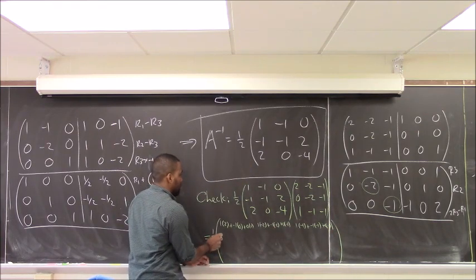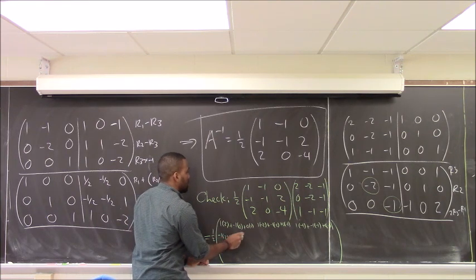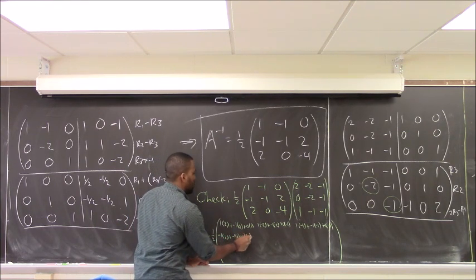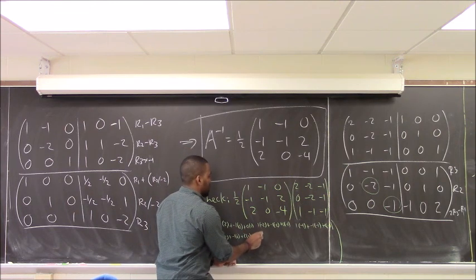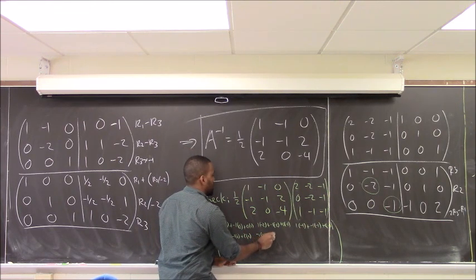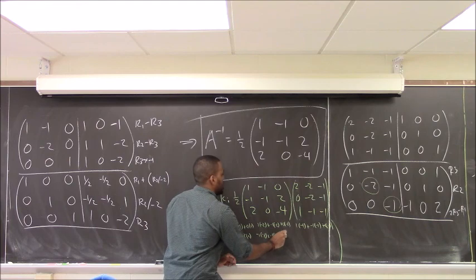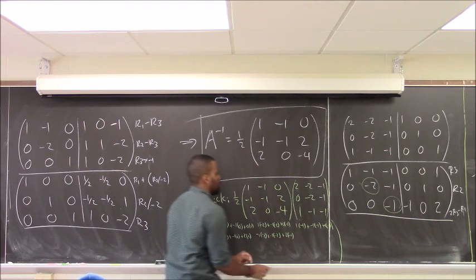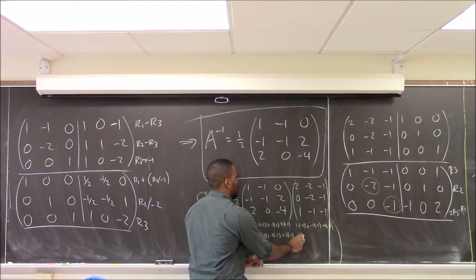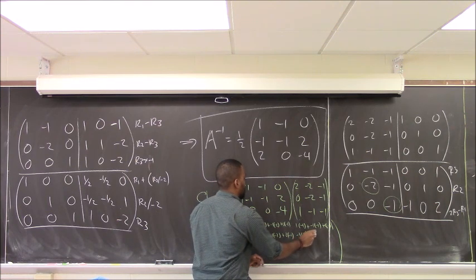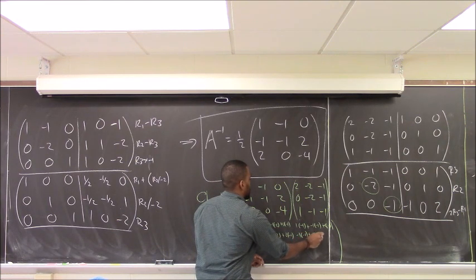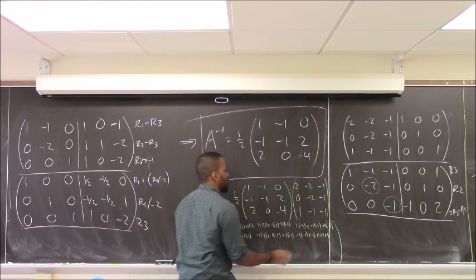Next row, minus 1 times 2 plus minus 1 times 0 plus 2 times 1, minus 1 times minus 2 plus minus 1 times minus 2 plus 2 times minus 1, minus 1 times minus 1 plus minus 1 times minus 1 plus 2 times minus 1.